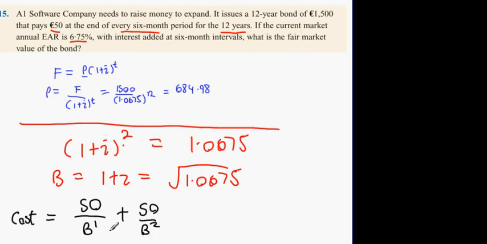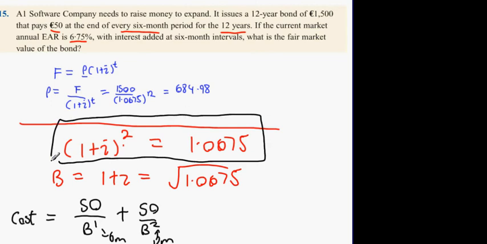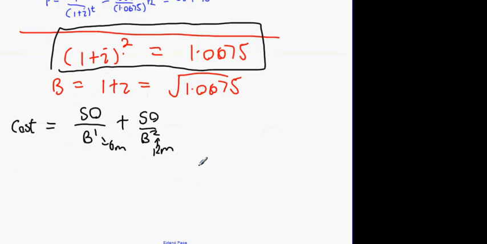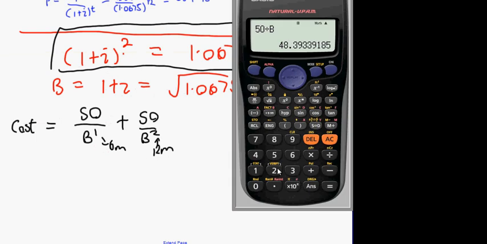Now remember, the 1 represents 6 months and the 2 represents 12 months, purely because we're using this interest system here. So then it's b to the power 2, so you can say 50 divided by b squared. That means that in a year's time, if I give you €50, that €50 is worth €46.84 today.